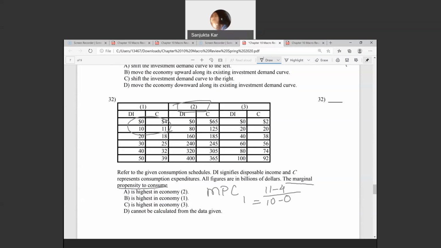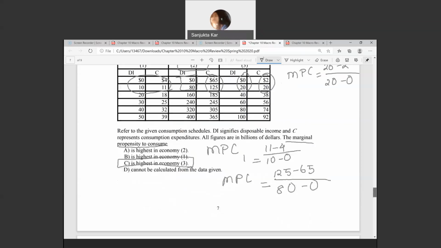For economy 2, it will be the change in consumption, 125 minus 65, over the change in income, 80 minus 0. For economy 3, it is the change in consumption, 20 minus 2, over 20 minus 0. You can do the math here. You would find your answer to be highest in economy 3.